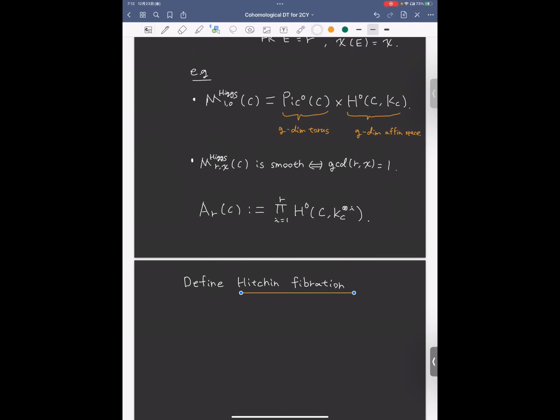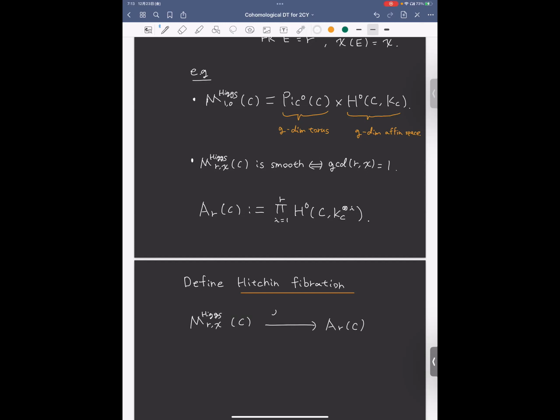This is a morphism from the moduli space of Higgs bundles to the Hitchin base.